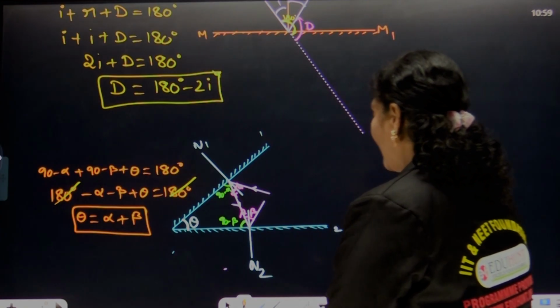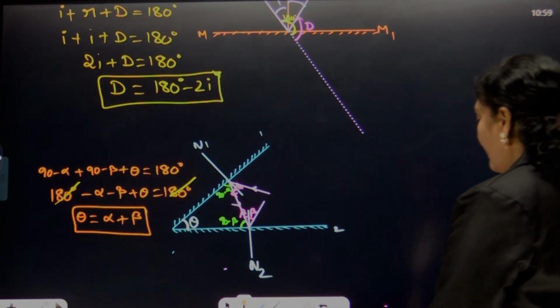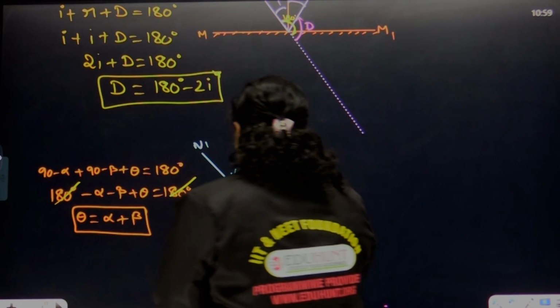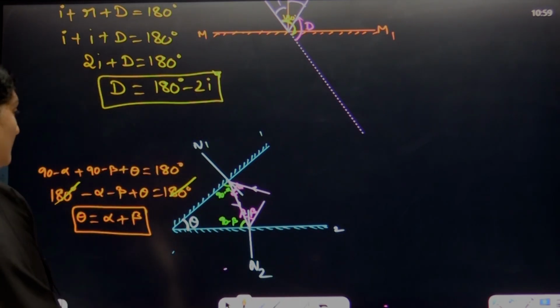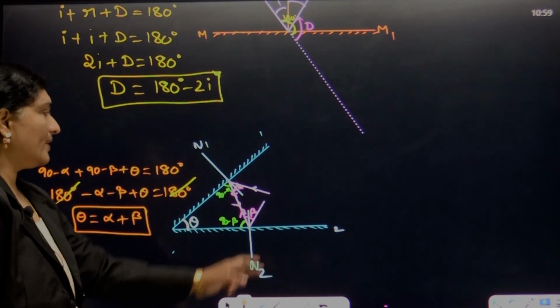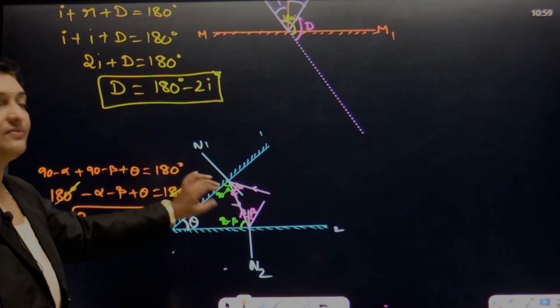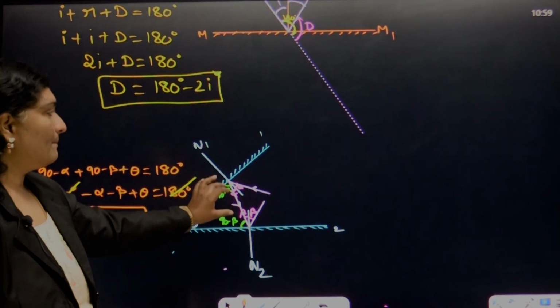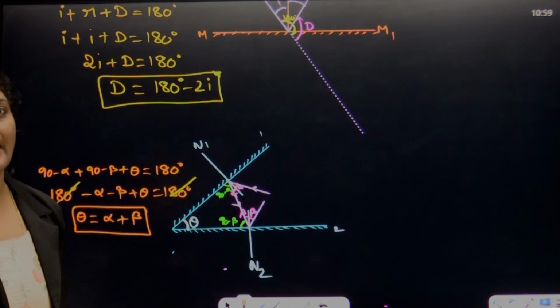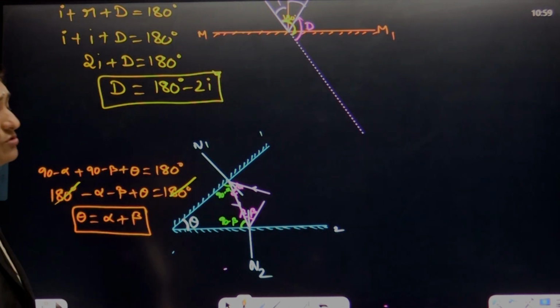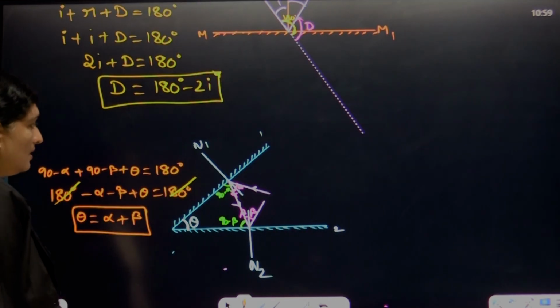So now based on that, let us try to find out the deviation produced by the number of reflections when light is incident on plane mirrors inclined at some angle. Here we can observe two reflections. So how to find out the deviations?